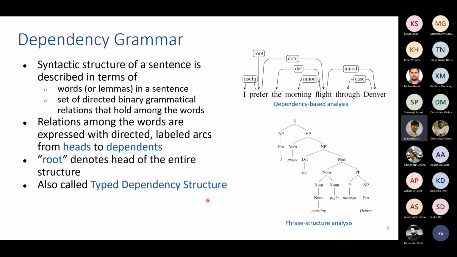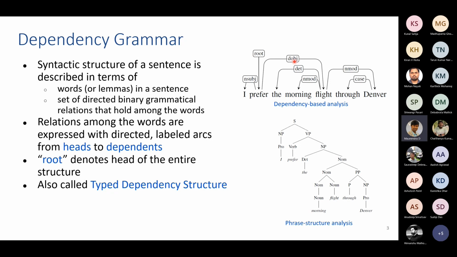Okay, so this is also called the typed dependency structure because all the edges have some type. Now, what are the edge labels that are allowed? Again, different datasets allow different labels, and the number of labels and names of labels vary from dataset to dataset.